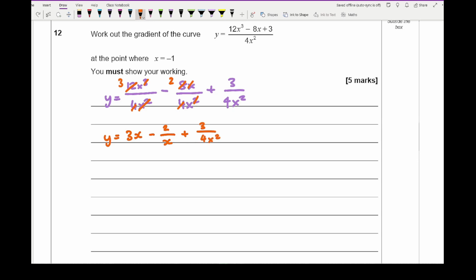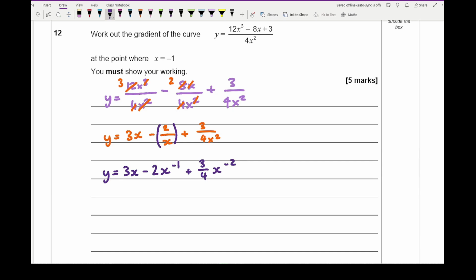Now from this, I can write this using indices. So I've got y equals 3x. I can rewrite 2 over x as 2 lots of x to the minus 1. And I can add that to 3/4, and I've got x to the power of minus 2.